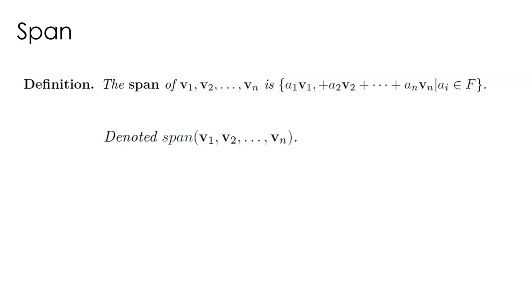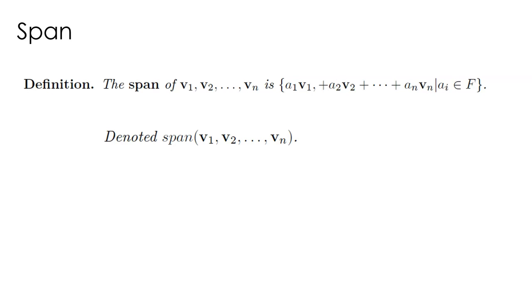I can't take linear combinations of those two vectors and get 1, 1, 1. I'm stuck in one plane. Whereas if I wanted to get to the spot 2, 3, that's easy: 2 times one vector plus 3 times the other.